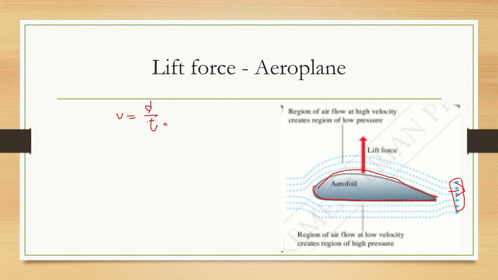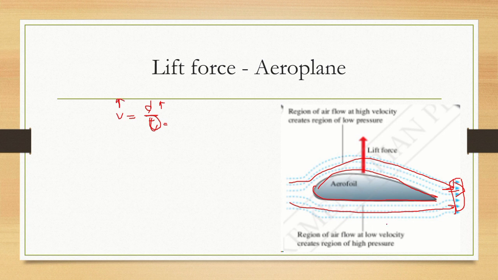So this is the constant variable. And the distance at here is longer. Can you see? The distance is longer, and the distance is smaller. Lebih dekat, yang ni lebih jauh. So the distance increase, the velocity will also increase.